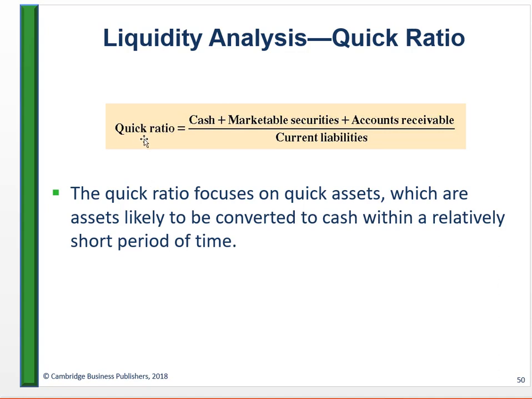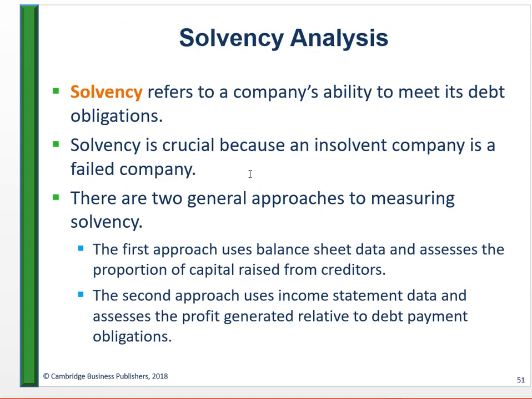So we're going to look at something called the quick ratio, where our current assets are cash, marketable securities, and accounts receivable. Notice that there's no inventory in that equation. We'll take those 3 numbers and divide by current liabilities, and that gives us an even more conservative version of the current ratio, or more conservative analysis, you might say, of a company's liquidity concerns.